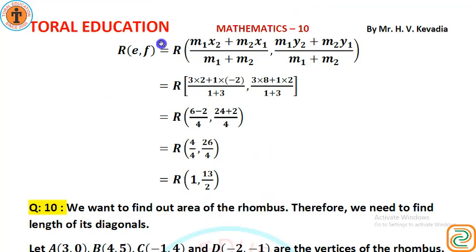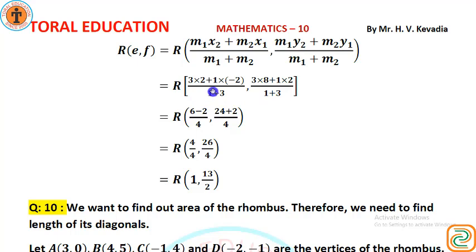Now the third point, ratio is 3:1. m1 x2 plus m2 x1 upon m1 plus m2 and m1 y2 plus m2 y1 upon m1 plus m2. Yes, here 3 into 2 plus 1 into minus 2 upon 1 plus 3. 3 into 8 plus 1 into 2 upon 1 plus 3.